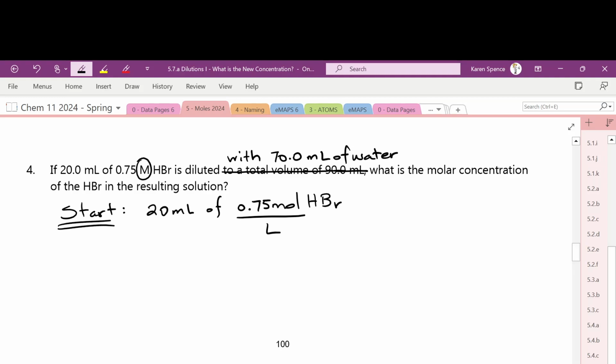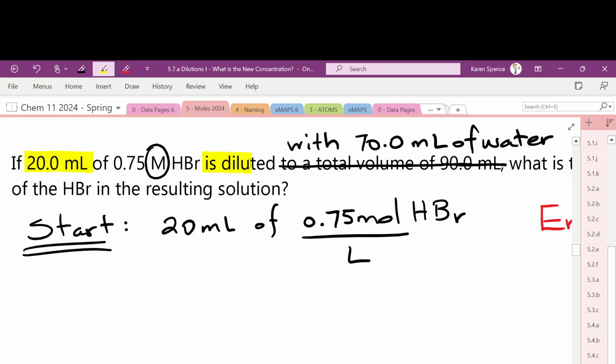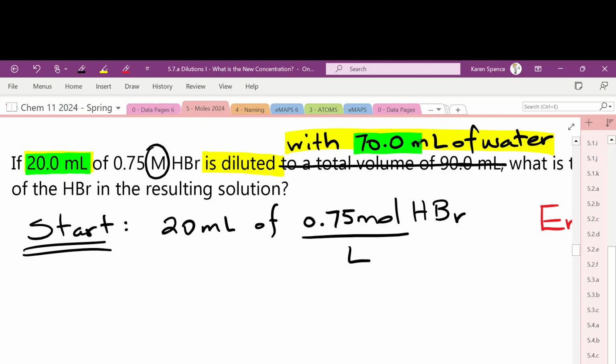So at the start, we have that. At the end, what is our final volume?